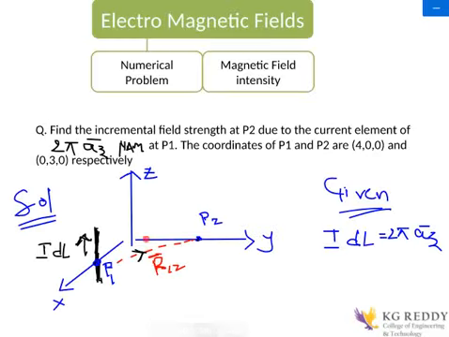In the question, he has not asked for the total field strength, just the incremental field strength. So finding dH is sufficient in this lecture. If the complete magnetic field strength has to be found, later you need to integrate this term to find the magnetic field intensity.